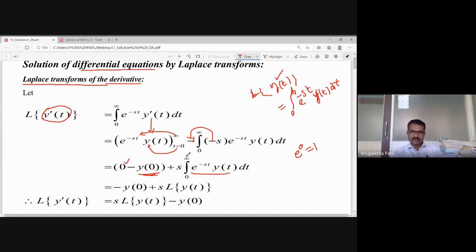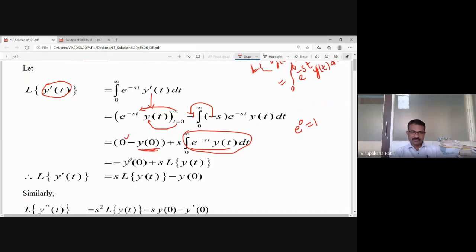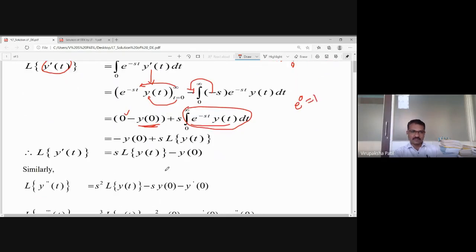So what is this quantity? We will simplify this further. This minus y of 0 we keep as it is, plus as it is. This quantity, by the definition of Laplace transform, can be written as L of y of t.